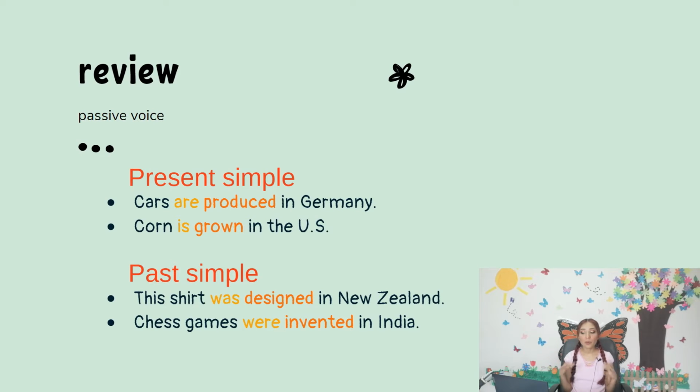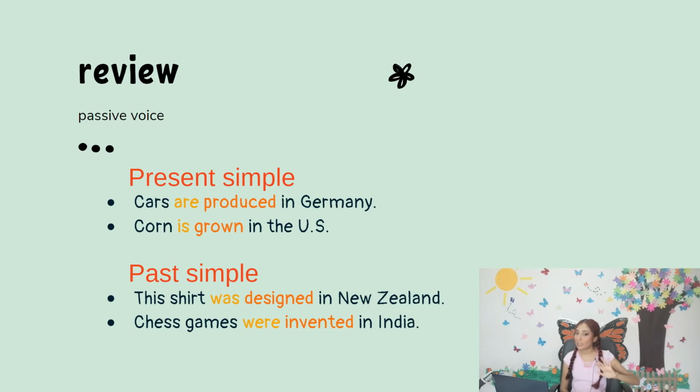We have this review about the passive voice, and I'm gonna be showing you some examples. I know that I've been showing you this, but I think they are pretty clear because they are using the vocabulary. Remember that passive voice can be used in present and past simple.